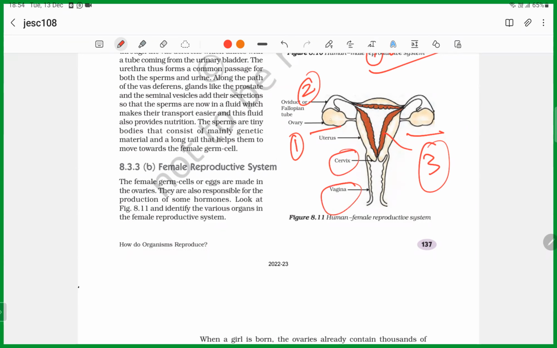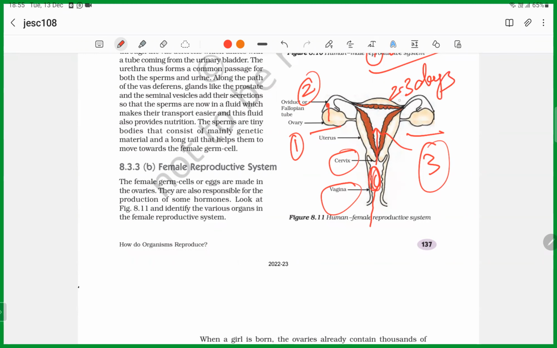Egg is produced here and released into the fallopian tube, a process called ovulation, and then sperm cells in intercourse, seminal fluid is deposited here in the vagina, and only the active sperm cells can swim through the cervical canal. So here the sperm cell stays for 2 to 3 days.